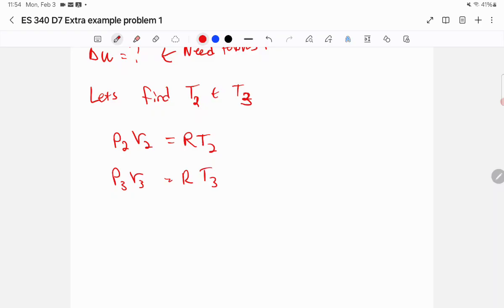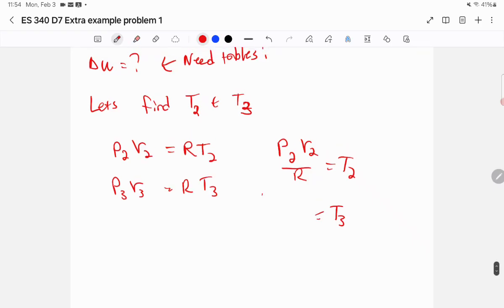And so what does this tell us? This means that P2 V2 over R is equal to T2, and T3 is of course equal to P3 V3 over R, because it's an ideal gas.